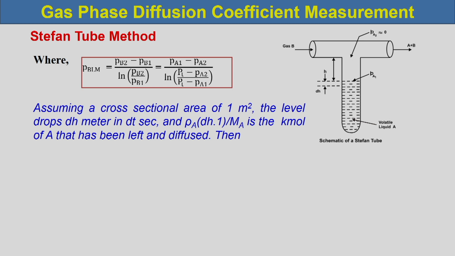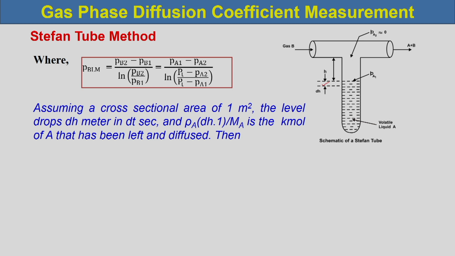Now, assuming a cross sectional area of 1 meter square, the level drops dH meter in dt second. So, the level which drops in time dt is the differential height dH shown over here.